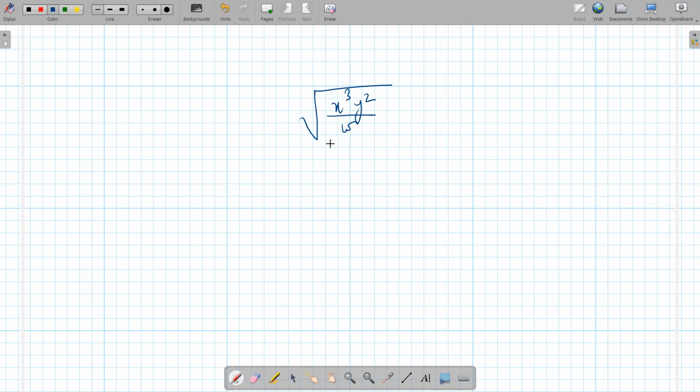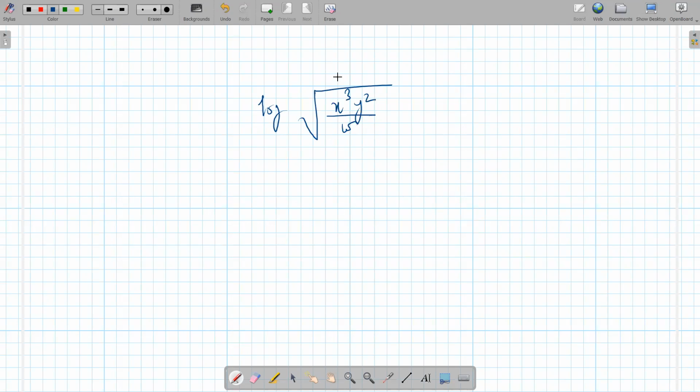Yeah, I think there is a log on the outside. Otherwise, we won't be able to simplify this into logs. Okay. So it's like this. Otherwise, we won't really be able to simplify this because there's nothing here.